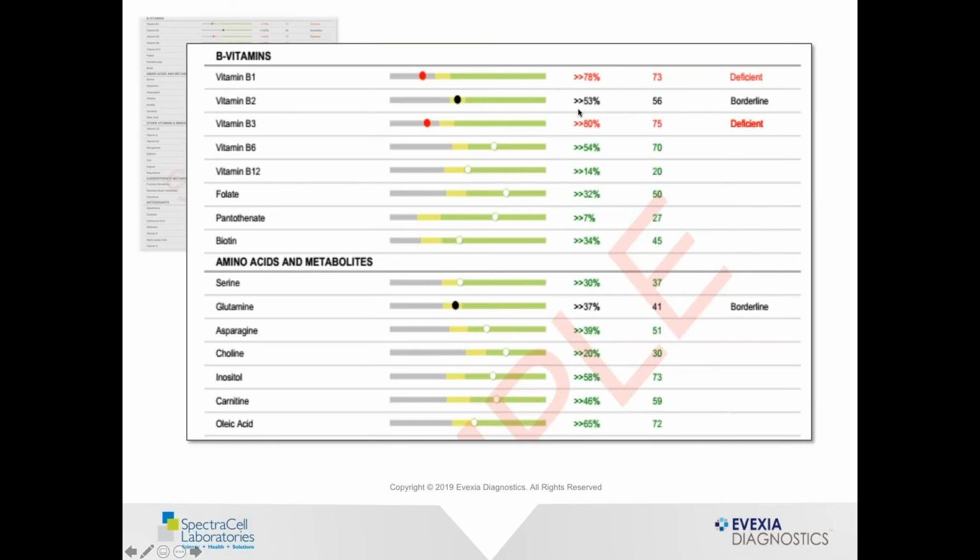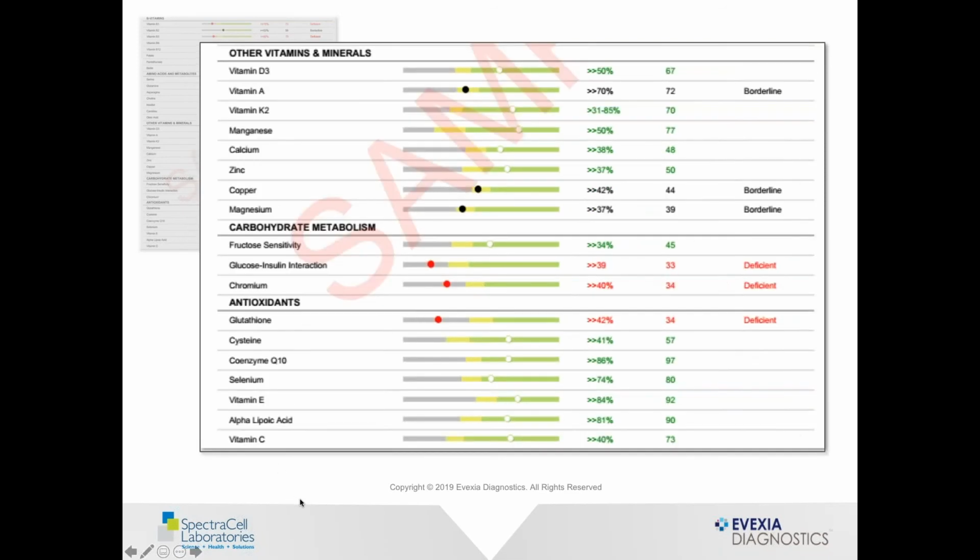Here, for B2, there should be over 53%. There is over 53, but it's getting real close at 56, so they label that as borderline. So that's how this is read. Here are other analytes that I showed you, the vitamin D, vitamin A, and I think you got the idea on how to read this particular graph.